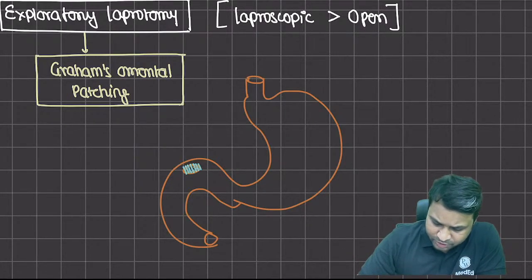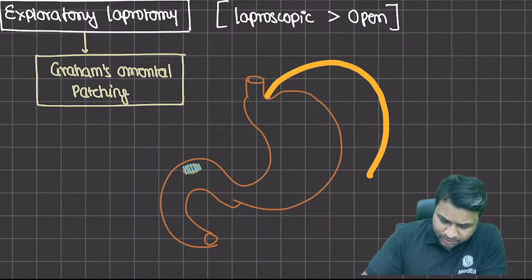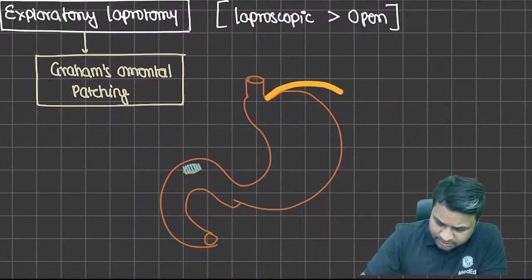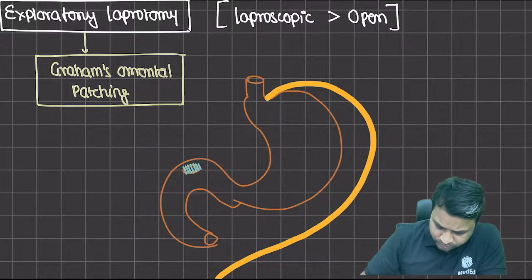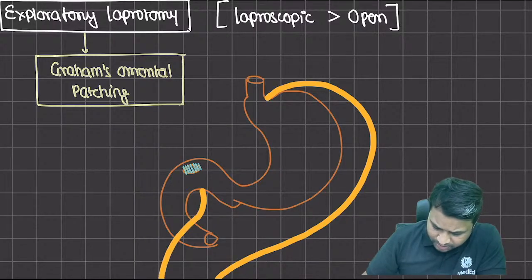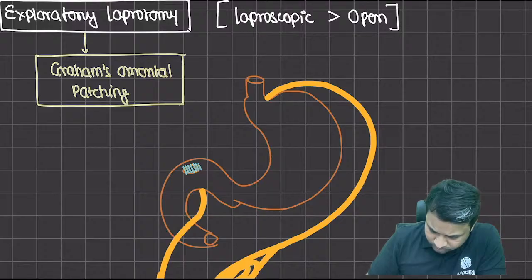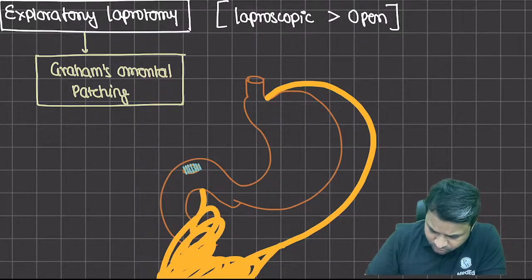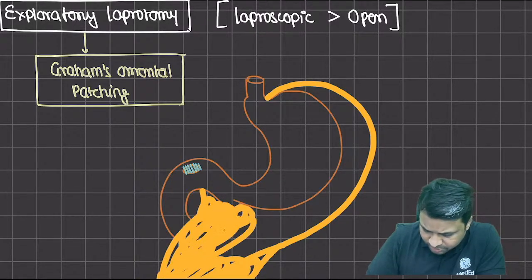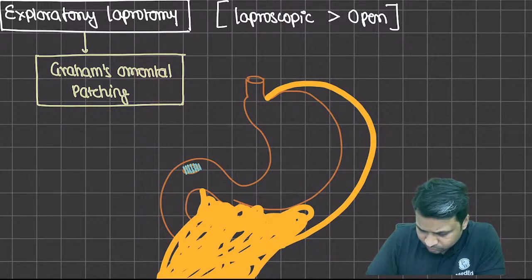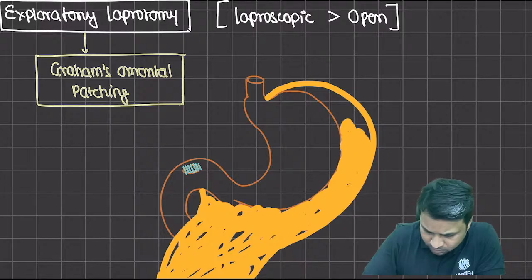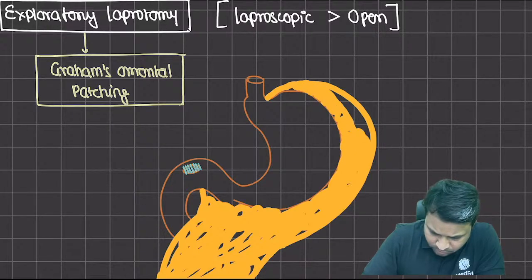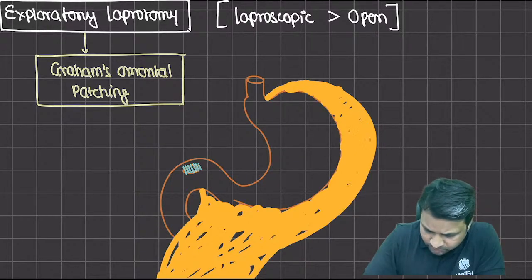On the greater curvature of the stomach, you have this policeman of the abdomen, which is called the omentum, which is lying across it. So this is where the omentum is present. This is the omentum which is present through and through.